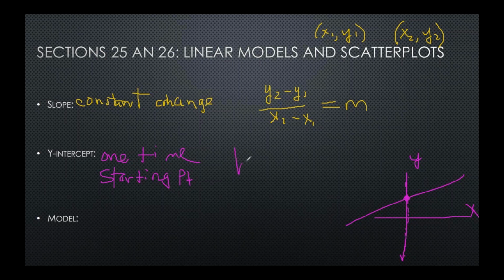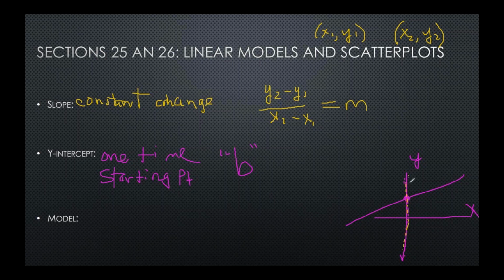The y-intercept is noted by the letter b. I don't know why, it just is. And one thing that has to be true, if you go back to this little drawing, is that for any point where the line crosses the y-axis, think about the x value. You're not moving right or left at all.